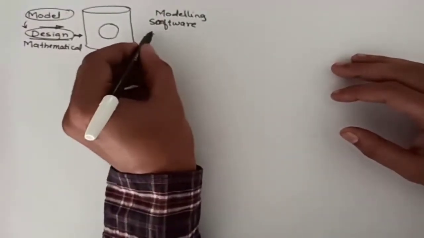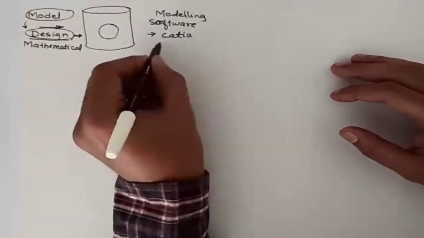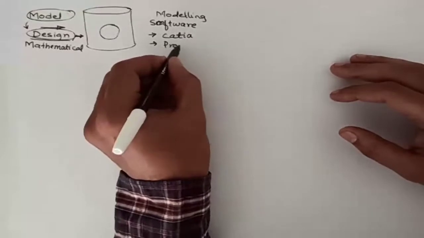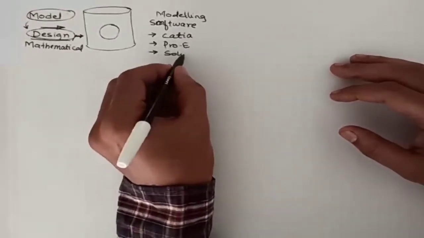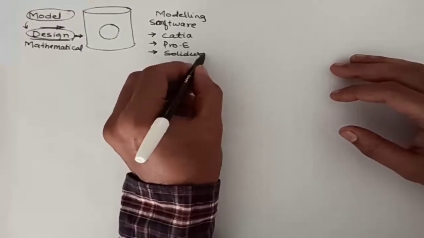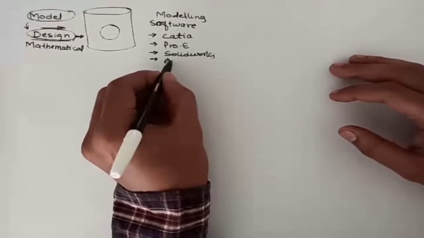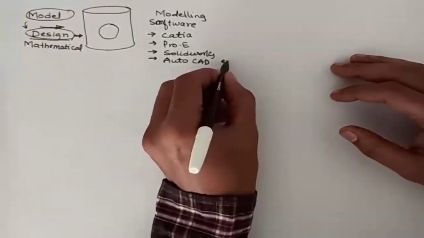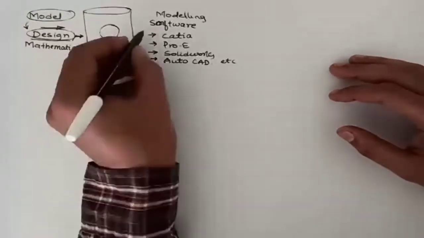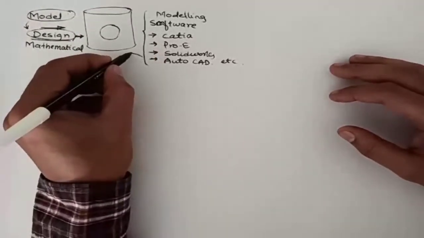You know some of the modeling software like CATIA, Pro-E, NX, SolidWorks, AutoCAD. These are all the modeling software where we are going to create the model.